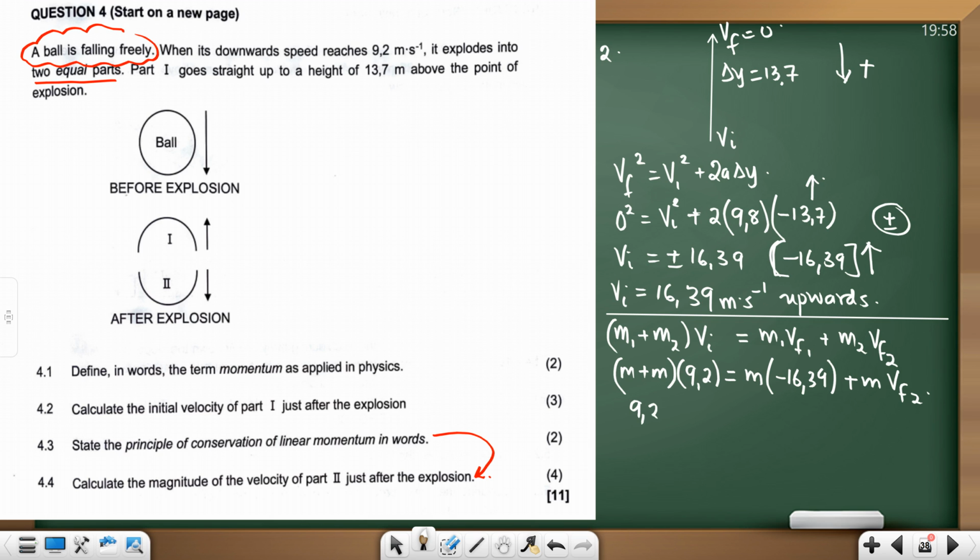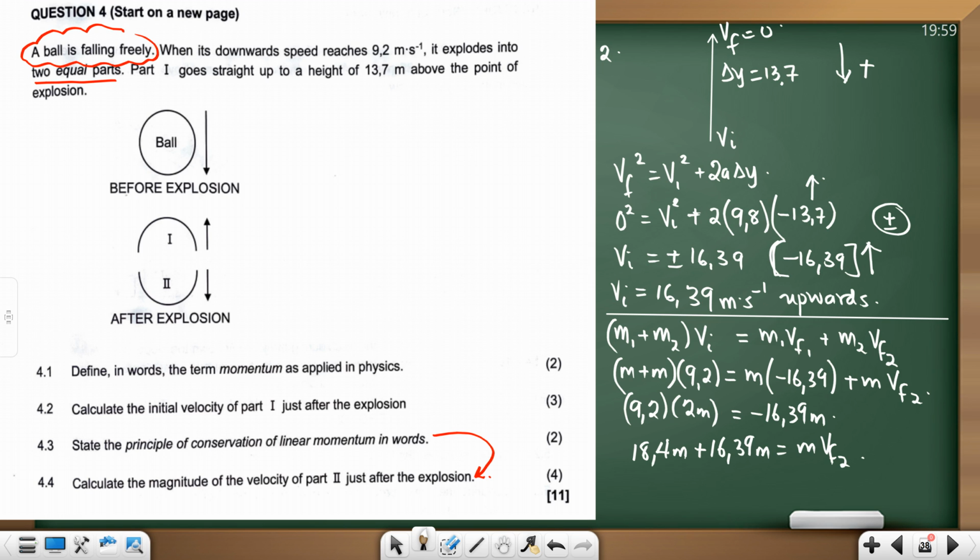9,2 multiplied by 2m. Okay, let me do this so that everybody sees where my 2m comes from. Negative 16,39m. What is 18,4m plus 16,39m equals m Vf2.